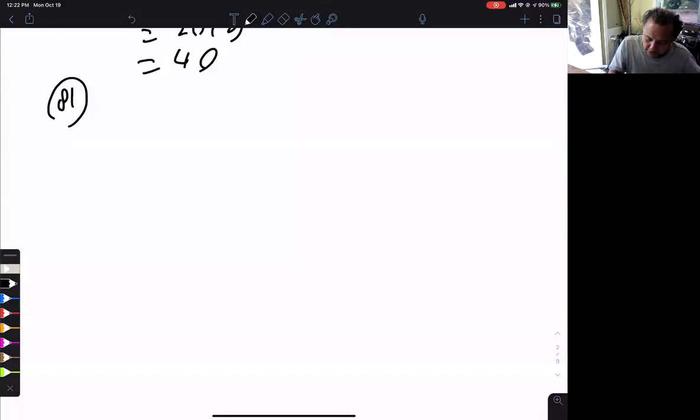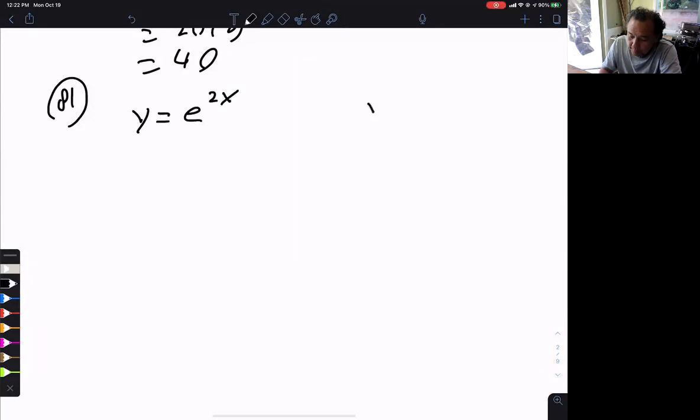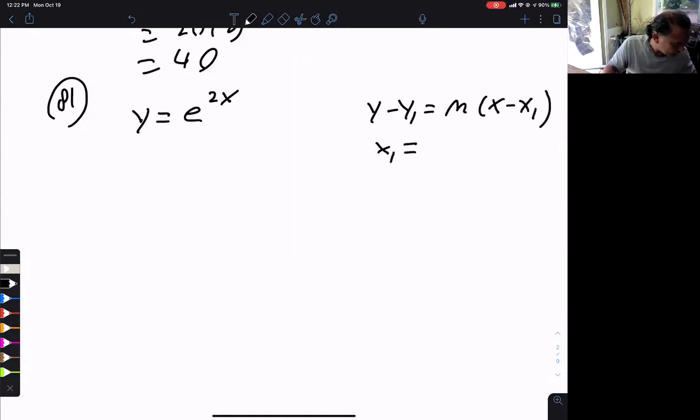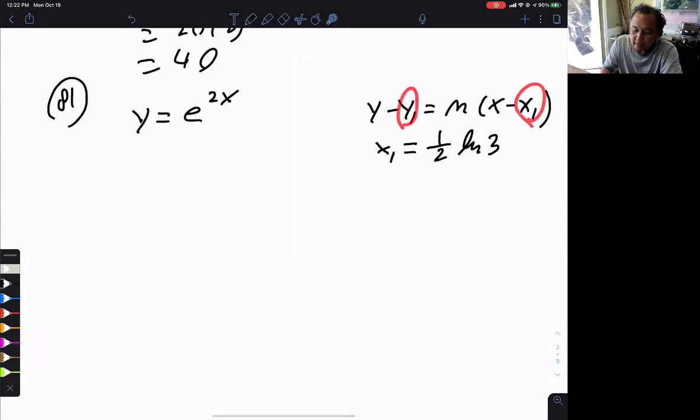So we have a function, y equals e to the 2x, and they want the equation of the tangent line. Well, immediately you should know this. And they tell us what our x1 is. The point of tangency is 1/2 ln 3. How do you find y1?